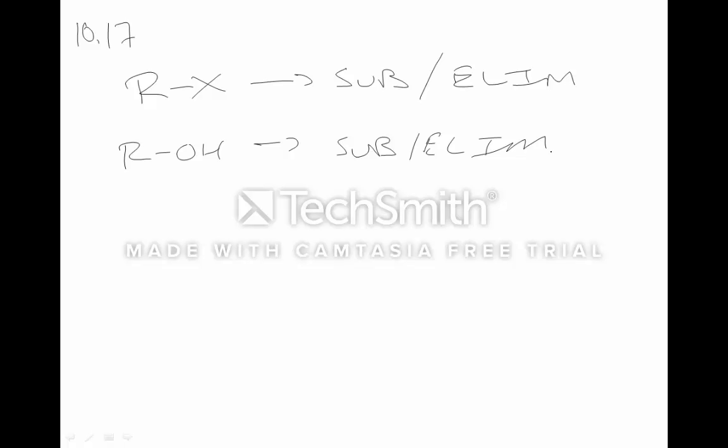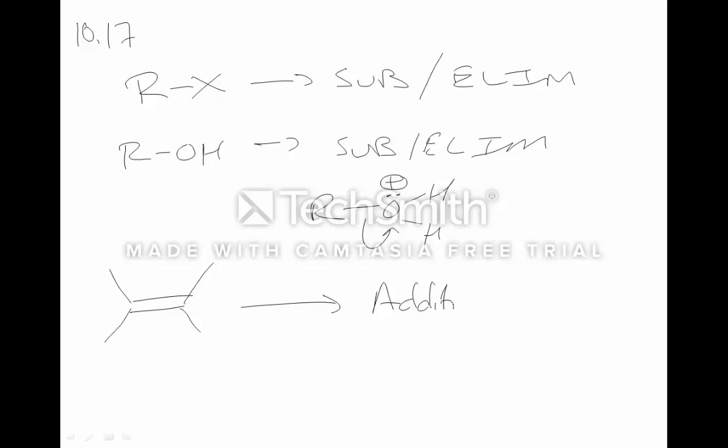Only when we can convert the OH to OH2+, only when it's converted to that and becomes a good leaving group can we do substitution and elimination. And then, of course, in Chapter 10, we've been learning about how alkenes can do addition reactions. So we've covered the big three: substitution, elimination, and addition.